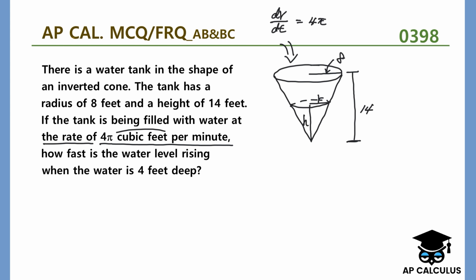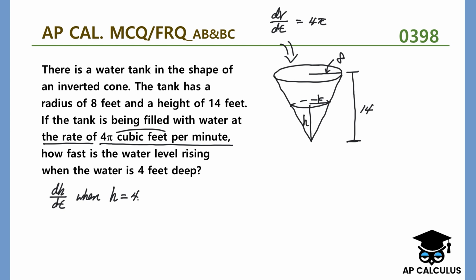So the question is asking us to find dh over dt, the change in height with respect to time t, when height h is equal to 4.